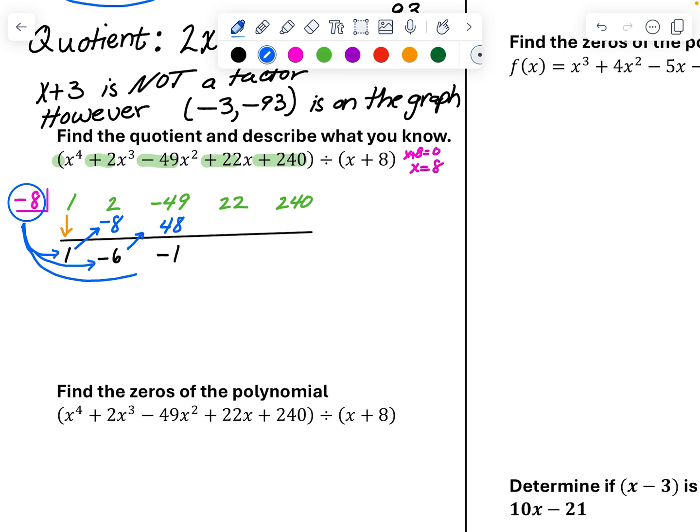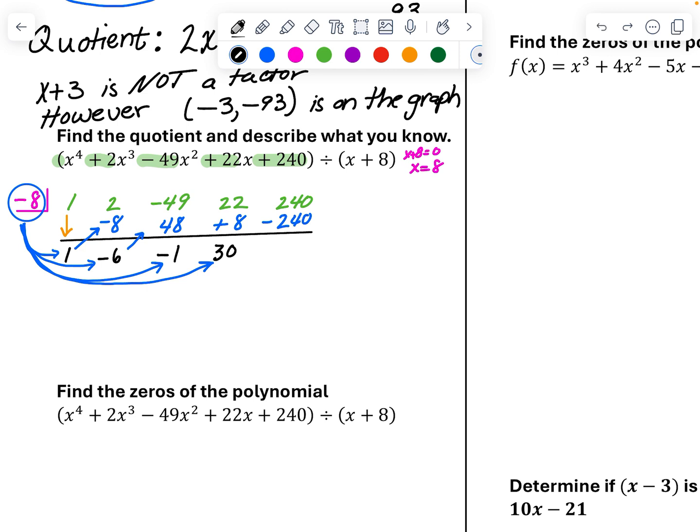Negative 8 times negative 1 is positive 8. We're going to add 22 plus 8 is 30. Then we're going to repeat. Negative 8 times 30 is negative 240. 240 minus 240 is 0.